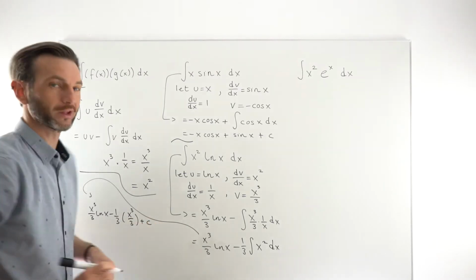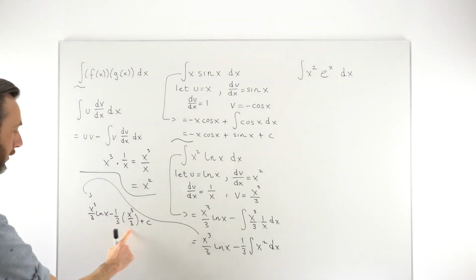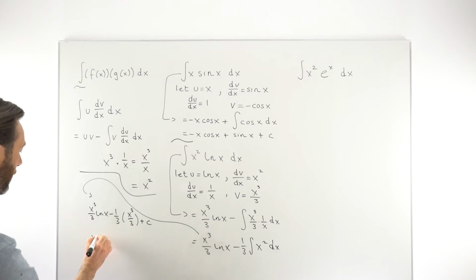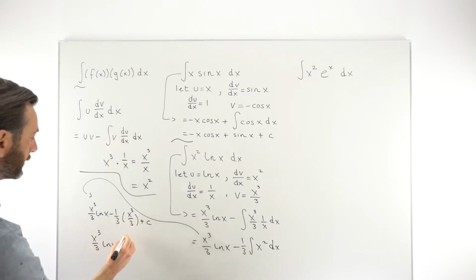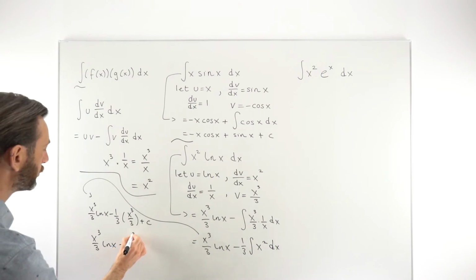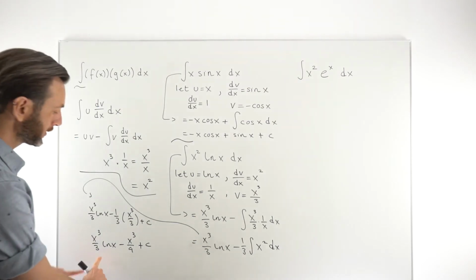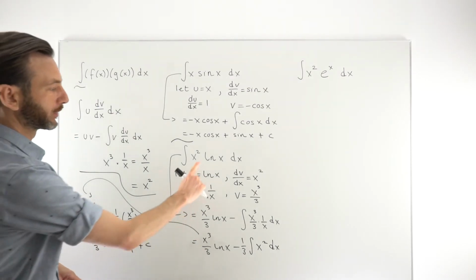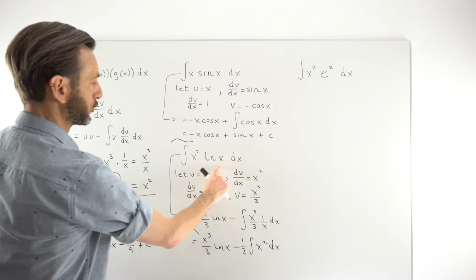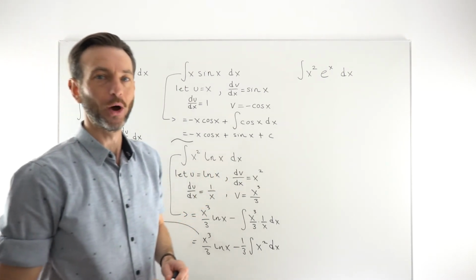Remember to put your constant of integration on the end there. We can simplify these by combining them, so we get x cubed over 3 times ln x, multiplying these together, minus x cubed over 9 plus c. So this would be our final answer for this integral, using integration by parts.